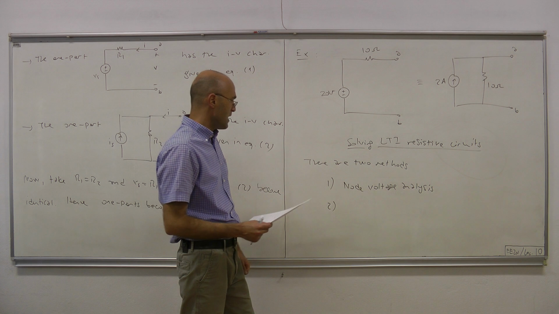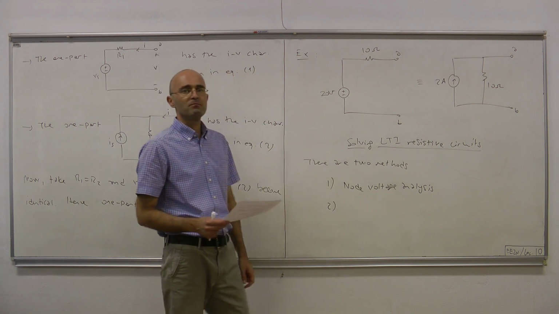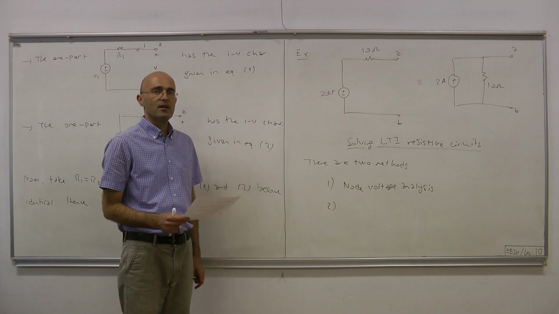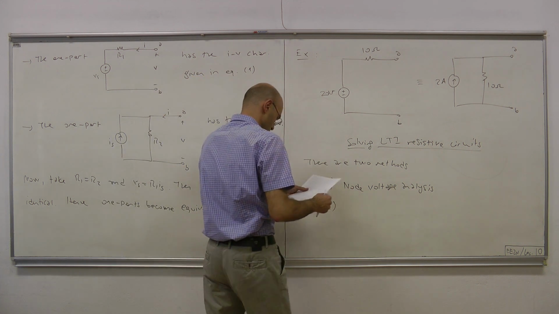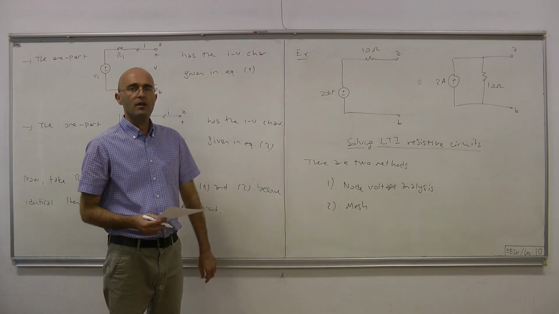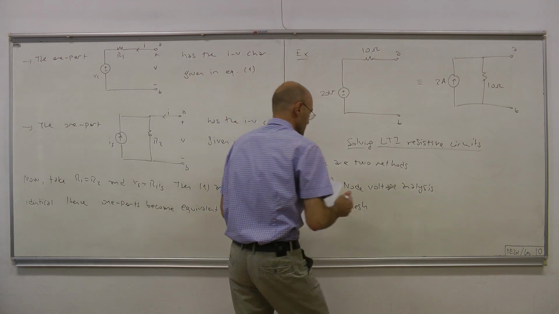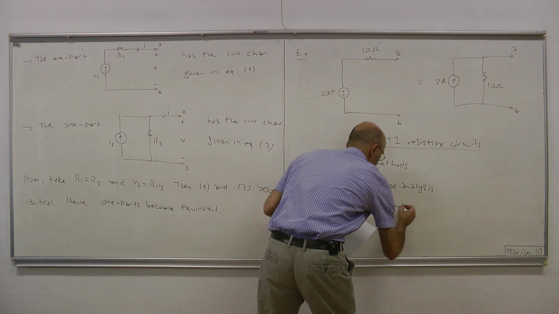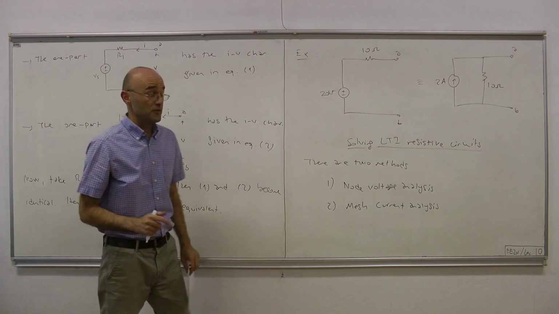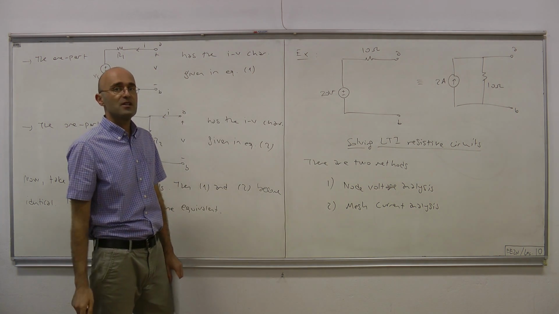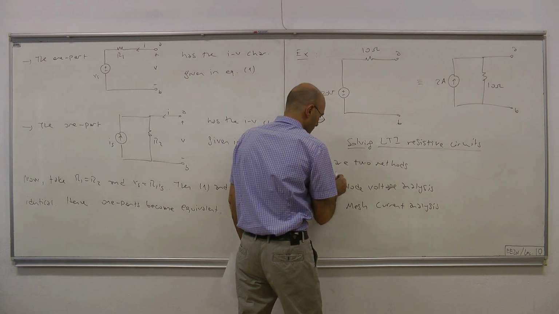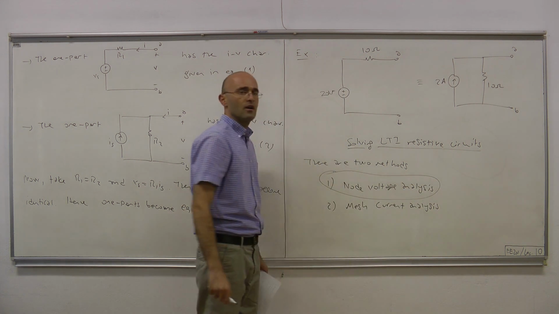Of course, in order to be able to apply the second method, the circuit must have a planar graph. But if that condition is satisfied, this method, mesh current analysis, is as powerful as the first one. Now, in the next lecture, we will continue with the first one, node voltage analysis.